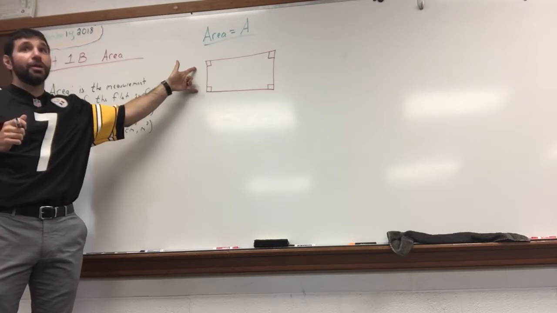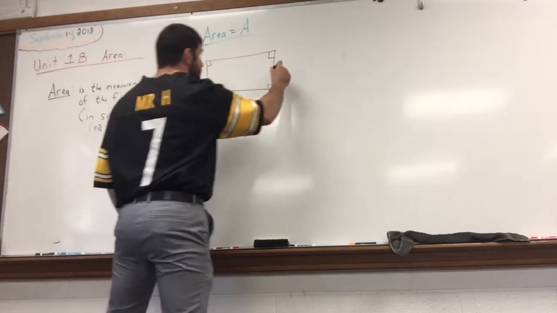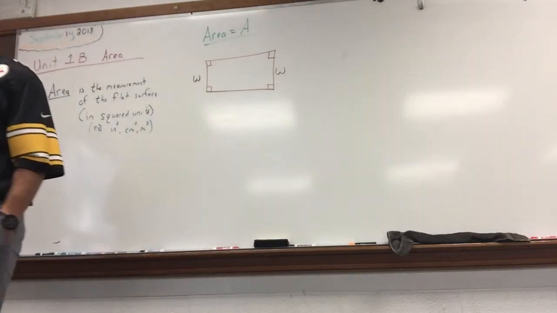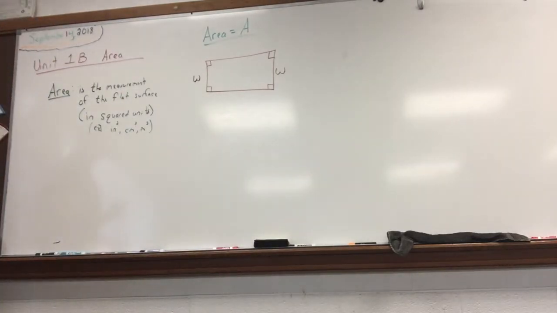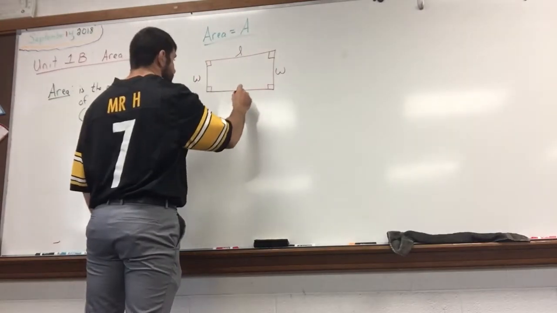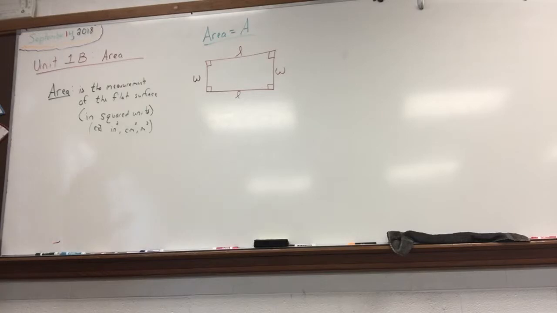Carly. Width. The width. So we could call this smaller side W, because W stands for width. What do we call the longer side? The length. And we use a cursive L. Okay, it's a cursive L.